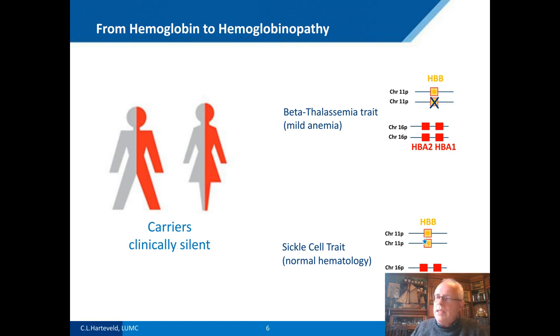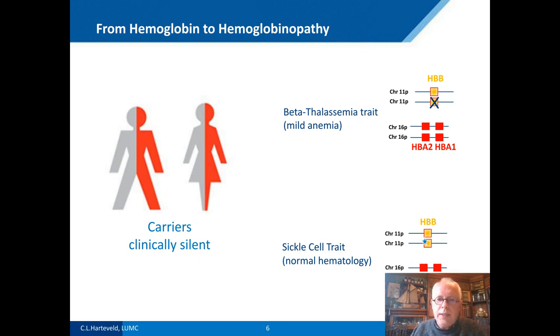These disease states of hemoglobinopathy are recessive, which means that you have to inherit both defects from both parents in order to develop the disease. Carriers, on the other hand, in which there's only one defective gene, are clinically silent, and they can function normally.